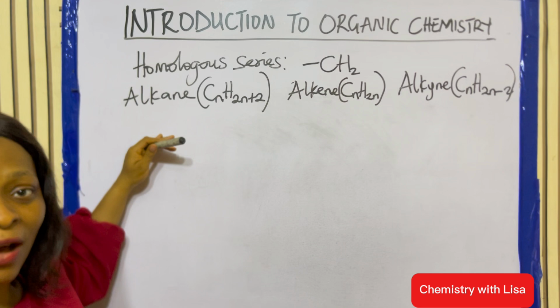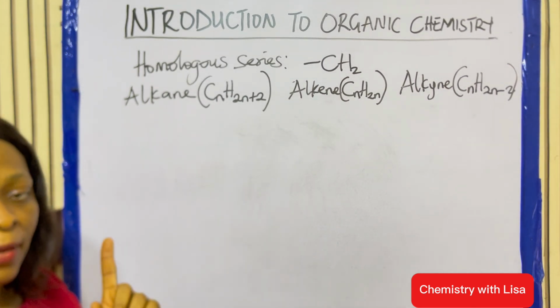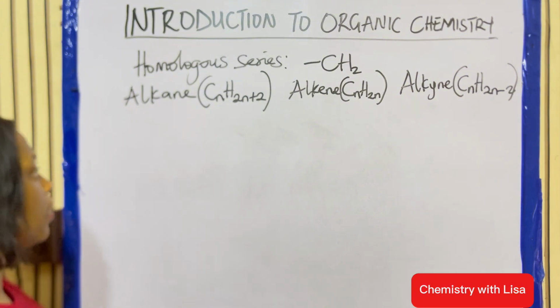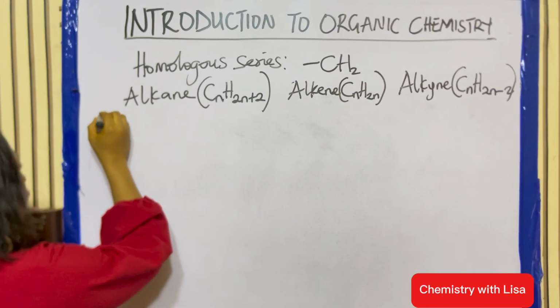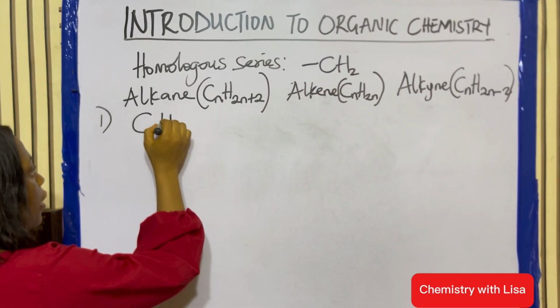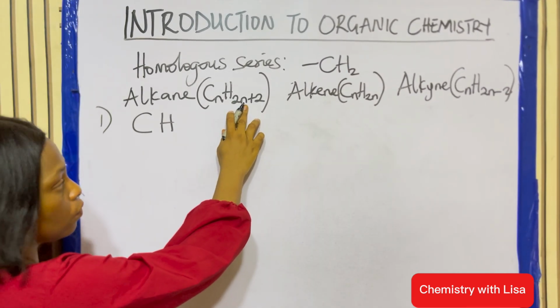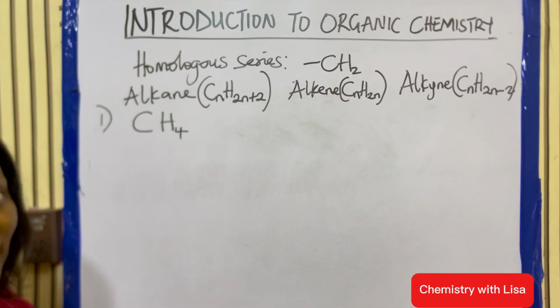So let's look at the alkane family. Now, the first compound in the alkane family is methane. That is C, carbon 1. So carbon is 1, then H is 2 times 1, 2, plus 2, 4. So this is called methane.